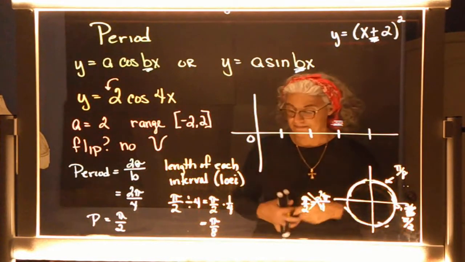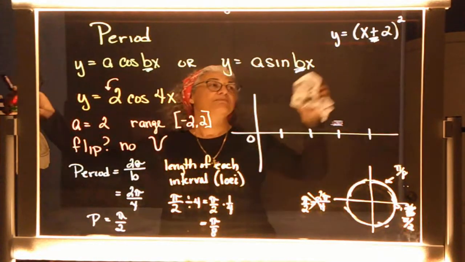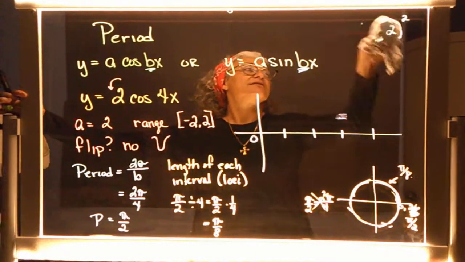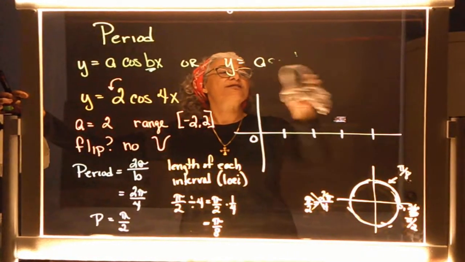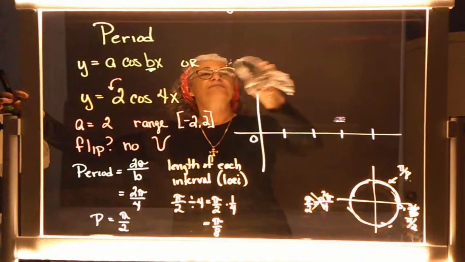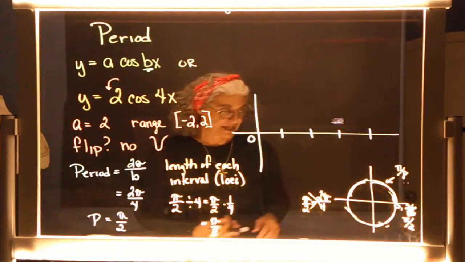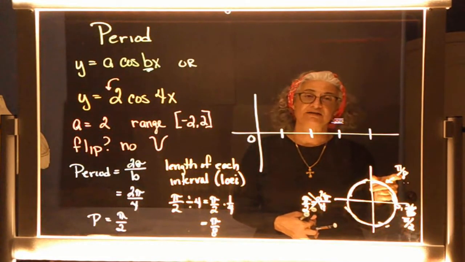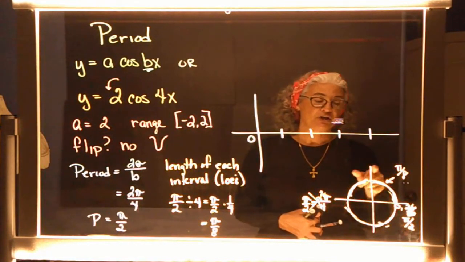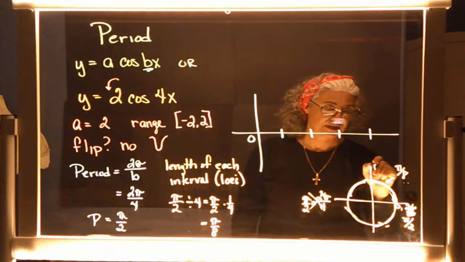With me? Okay, so let's talk. We start at 0 radians, agreed? And when we start at 0 radians, we are going a length of pi over 8, aren't we? So up here would have a measurement of pi over 8.